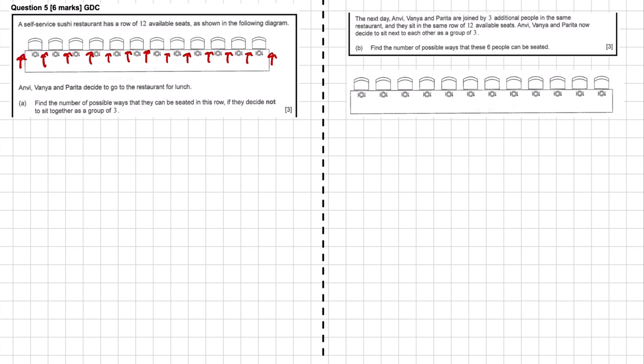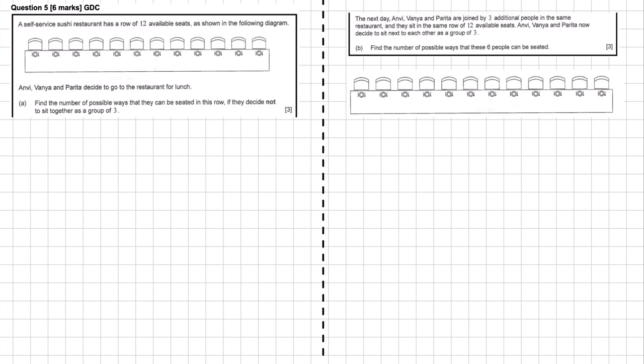That would make sure that they are not in a group of three, so that would still satisfy. But then you would have to figure out, say that was Anvi and Vanya, what happens if Vanya and Parita were to sit next to each other, or Anvi and Parita? And so the calculations get pretty tedious pretty quickly.